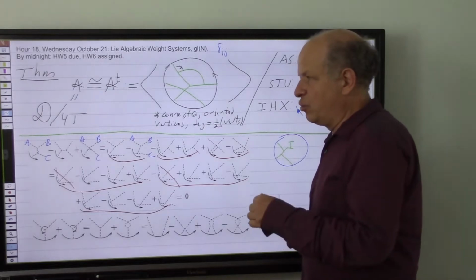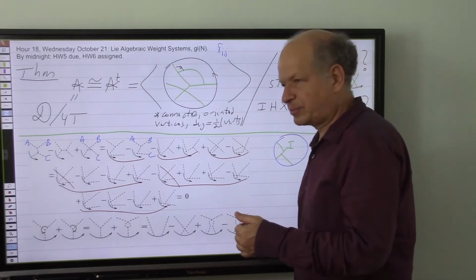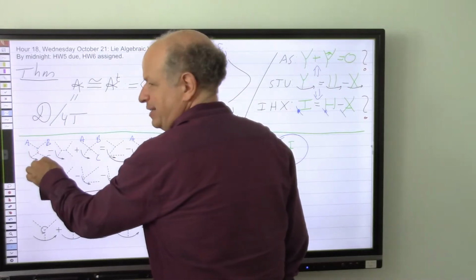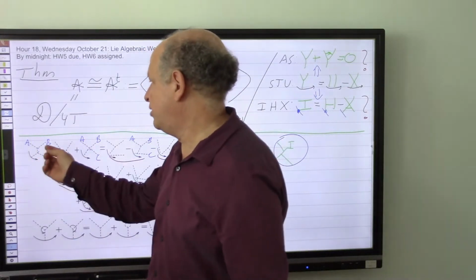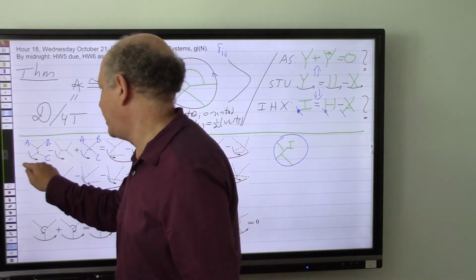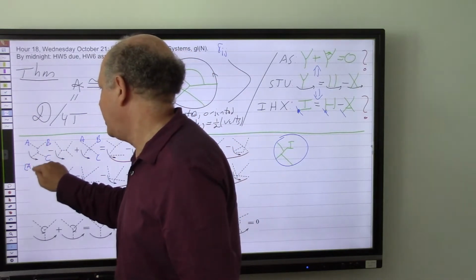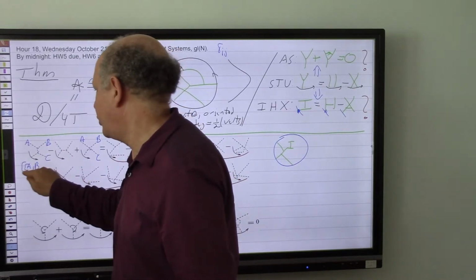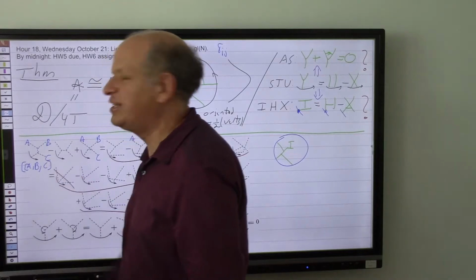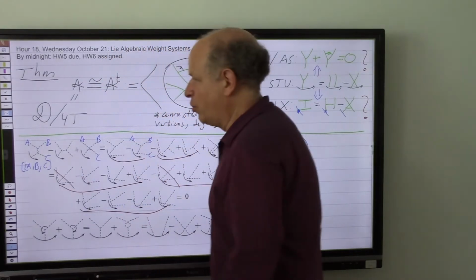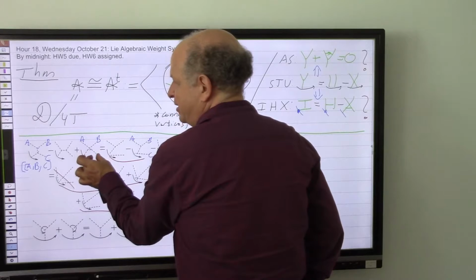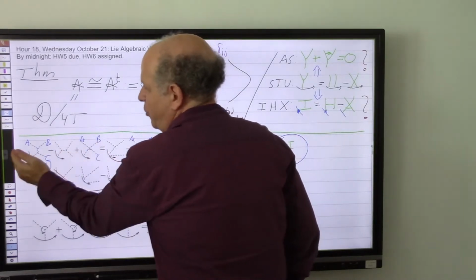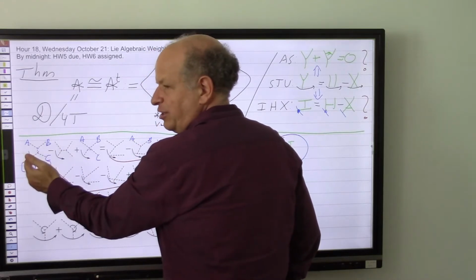And then you interpret the vertices as brackets. So this one gets interpreted as the bracket of A and B, that's this vertex, which is fed into another vertex, so it's the bracket of this with C. So each one of these is a bracket of an iterated bracket, and in fact the three of them together make the Jacobi identity.